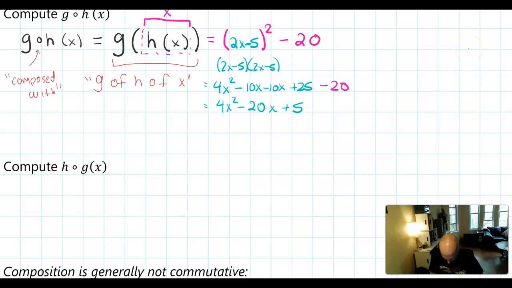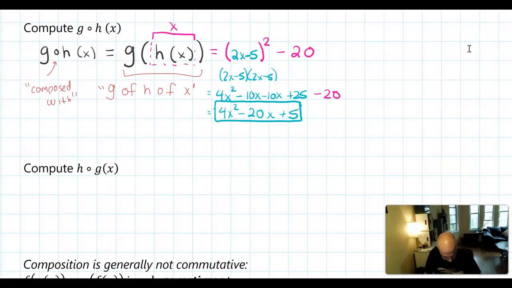Sorry, I don't know why I thought 5 was divisible by 4. In this case, that would be my end result, because there's nothing else that has a common factor. And that's the composition of two functions. And you'll notice that it's just another parabola, but it's a different parabola. It's actually been shifted over, is a way to think about it.